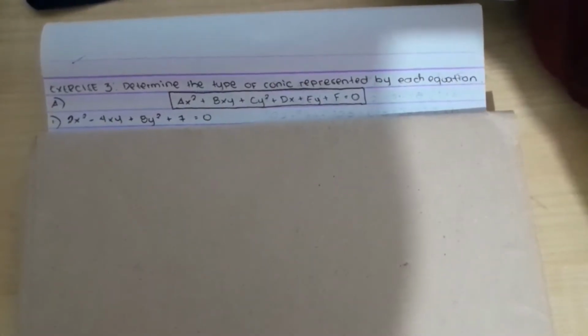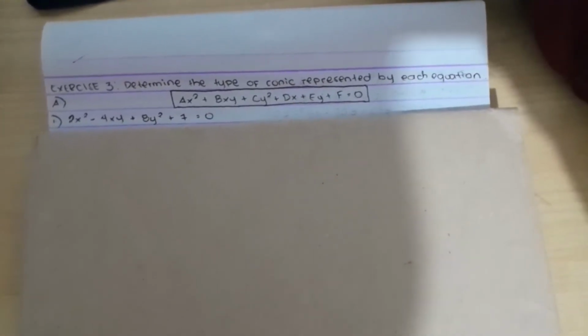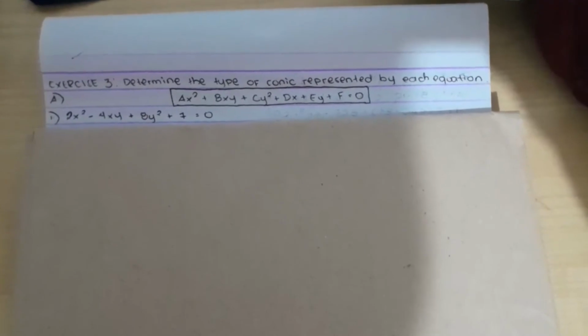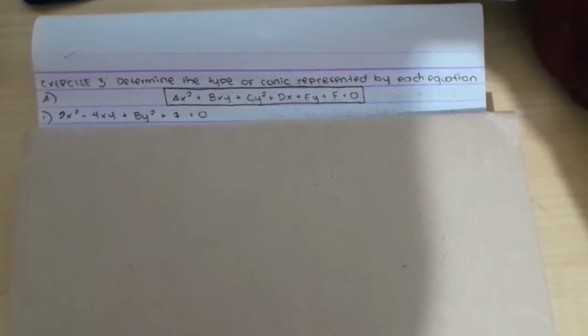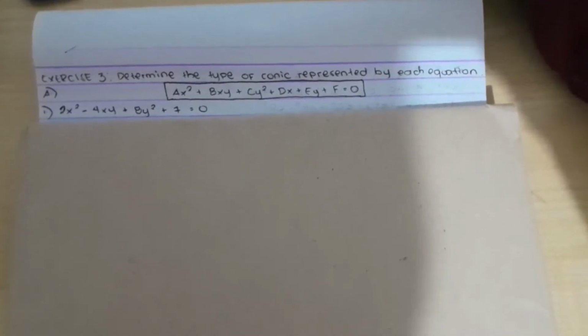So, for exercise number 3, we have to determine the type of conic represented by each equation. So, para makuha yung mga coefficient, magbe-base tayo dun sa nakabox, which is yung ax squared plus bxy plus cy squared plus dx plus ey plus f is equal to 0.